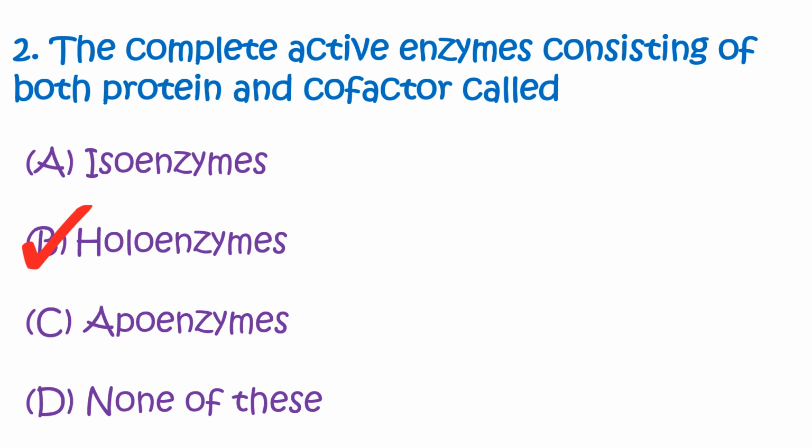The other options such as the isoenzyme, these are the enzymes that differ in the amino acid sequence, but they catalyze the same biochemical reaction. The apoenzyme, as I said earlier, is nothing but an inactive protein part of an enzyme. So here our correct option is holoenzyme.